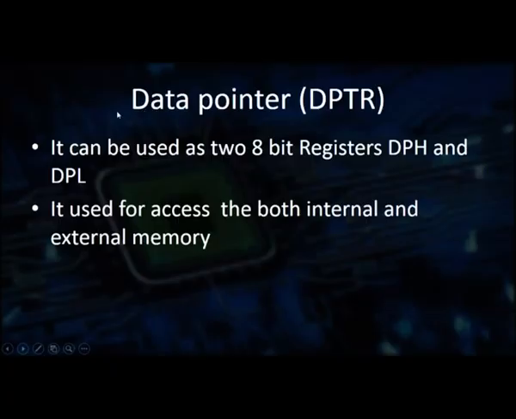The next one, the 16-bit register, is the data pointer. This data pointer can also be used as two 8-bit registers. For the higher byte we use DPH, for the lower byte we use DPL. It is used to access memory, either internal memory or external memory.